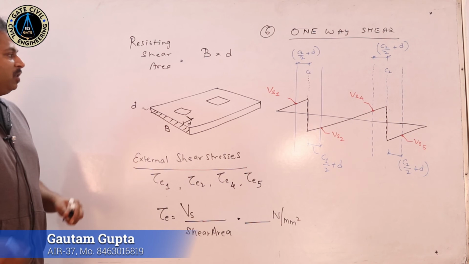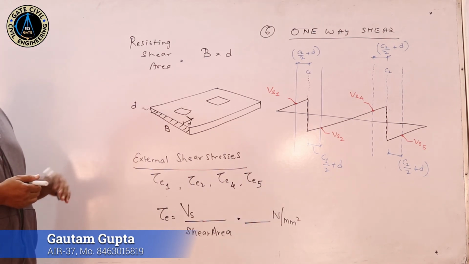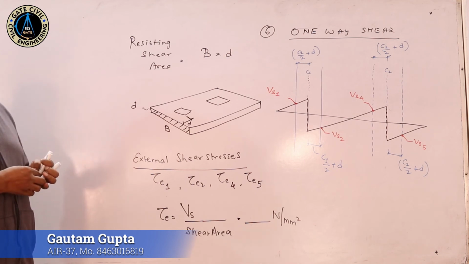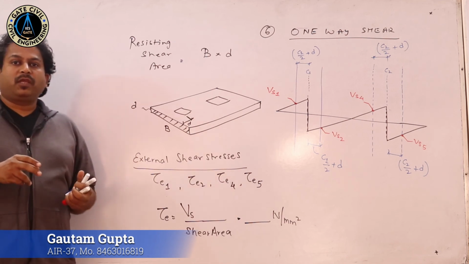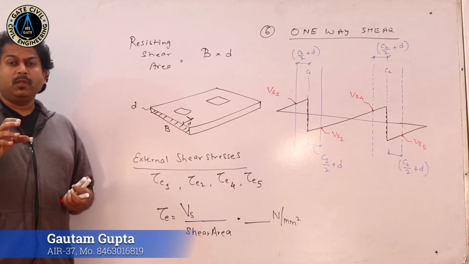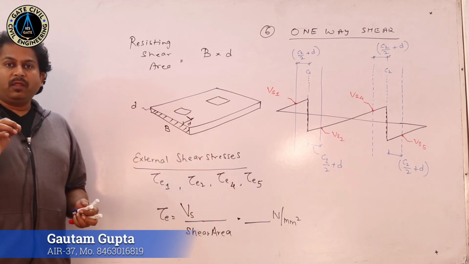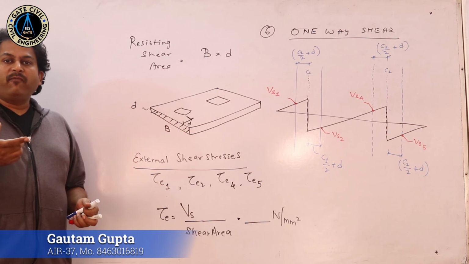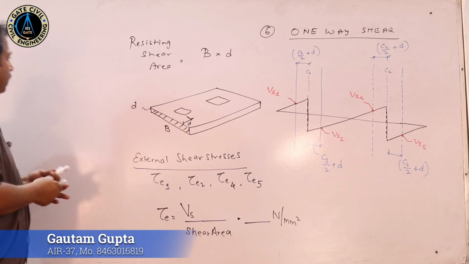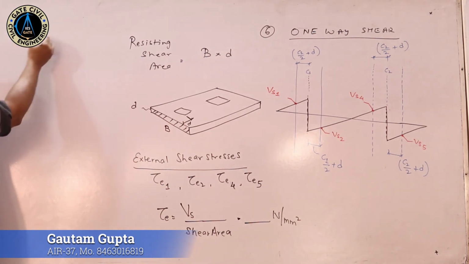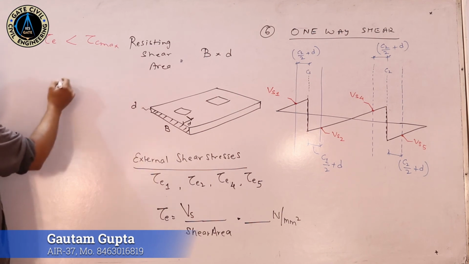So after calculation of these external shear stresses, this external shear stress should be smaller than the values based on the code. The code says that the one-way shear calculated by the external stresses should be less than the maximum value of the shear given by the concrete grade, that is tau E should be less than tau C max.